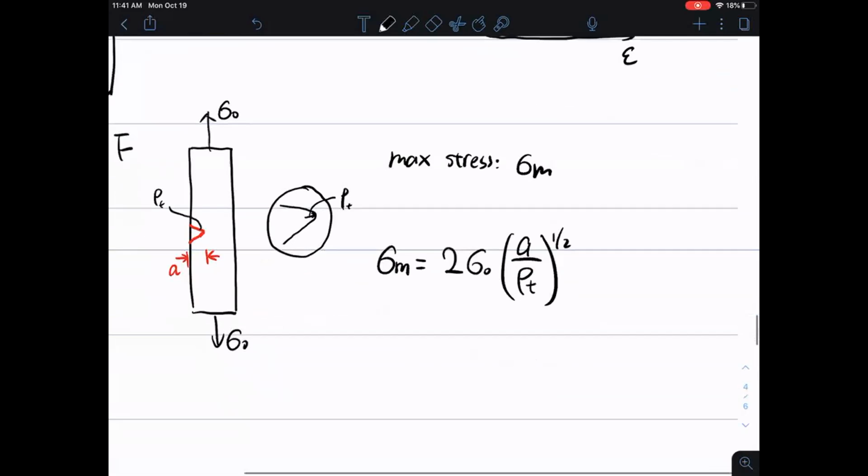Let me explain: sigma naught here is the applied stress.